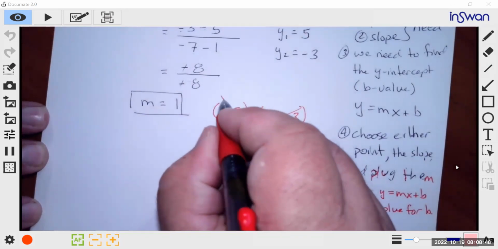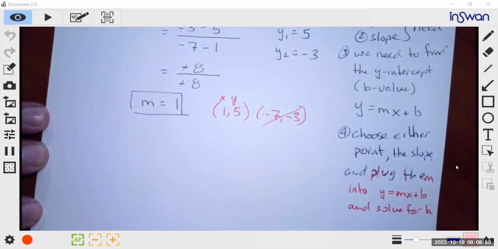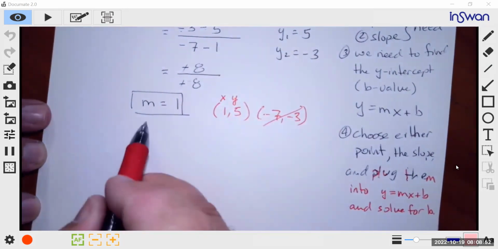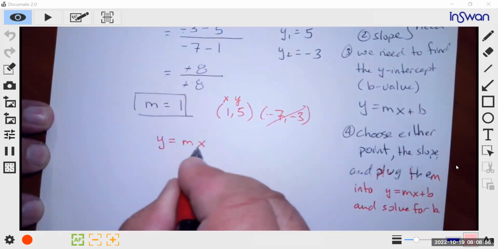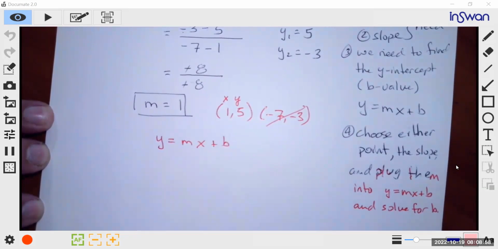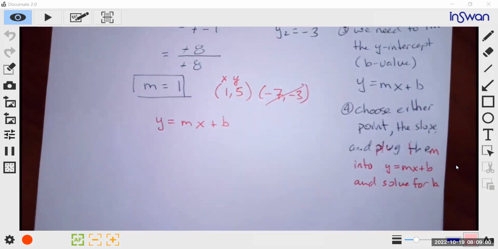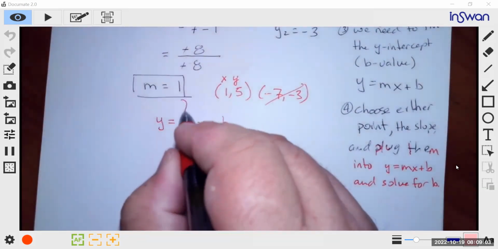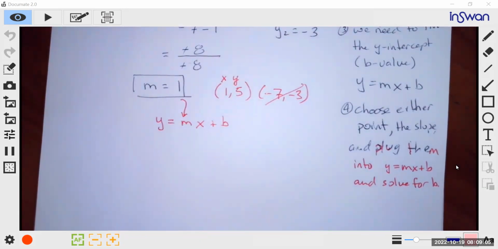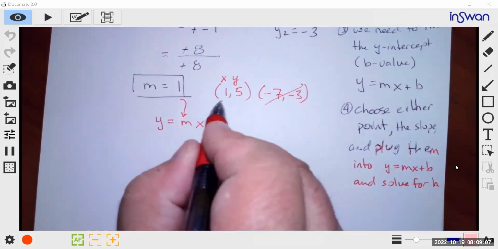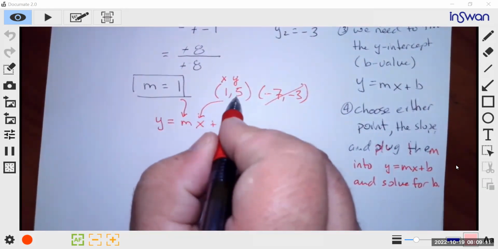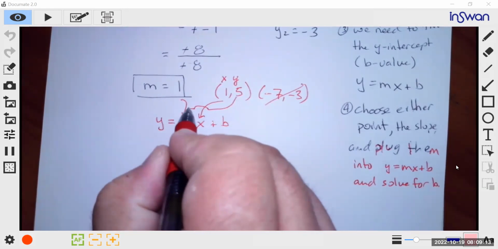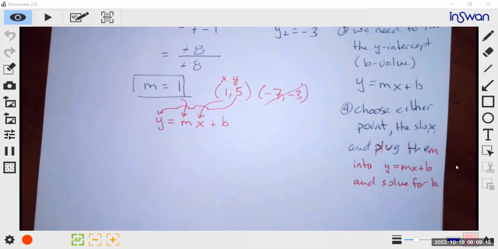So these are my x and y components of the equation. That's m. Plug them in there. That's my m. This is my x. This is my y.